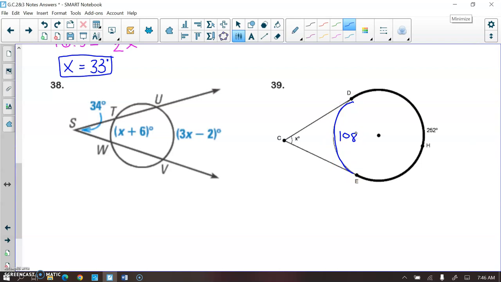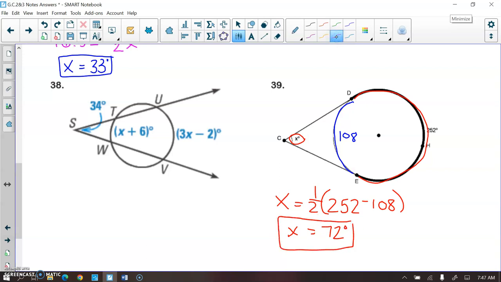We need that because I'm going to find X, and X is equal to half the difference of the two arcs. So 252 minus 108. So X comes out to be 72 degrees.